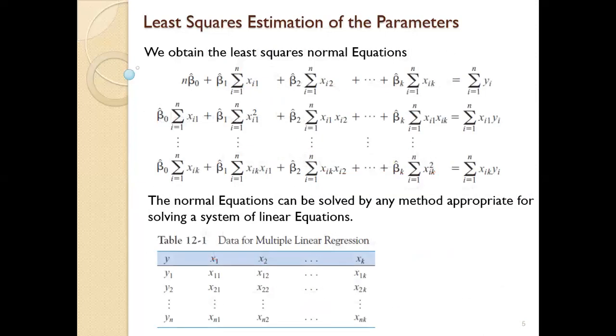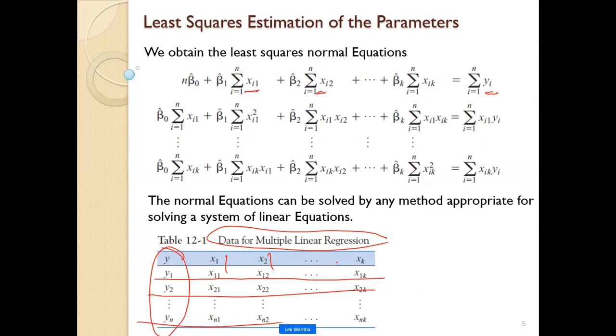Finally, you get linear equations based on the x values and also the y values, and we get the matrix form. This is also the data for multiple regression. We have the response or dependent variable y with x1, x2, x3, up to xk, for example: x11, x12, x1k, and so on. This is based on y1, y2, like this.